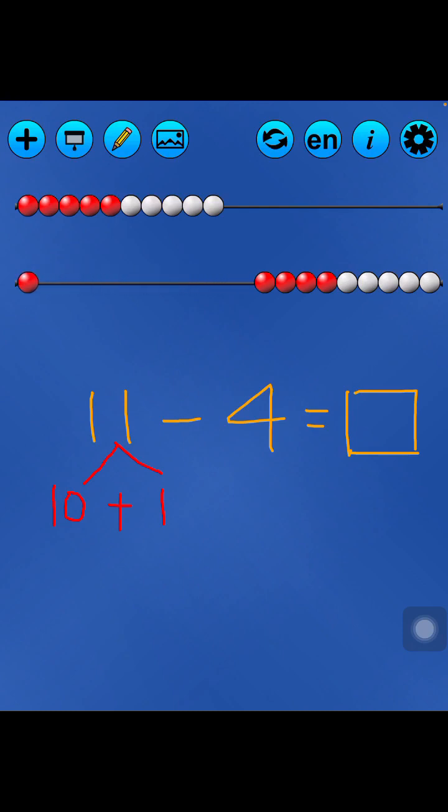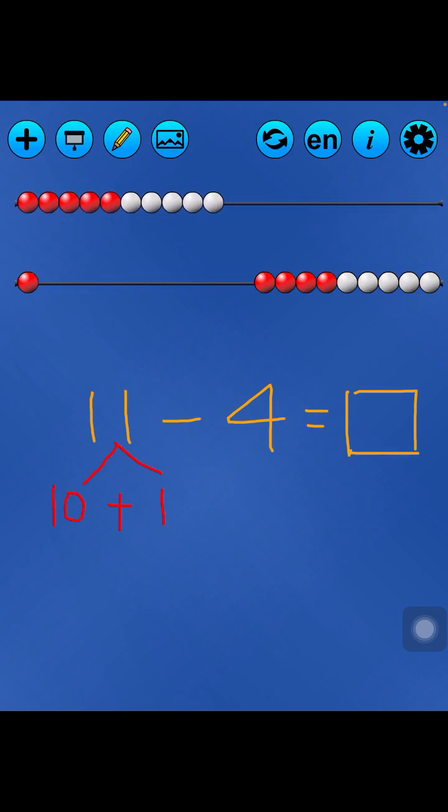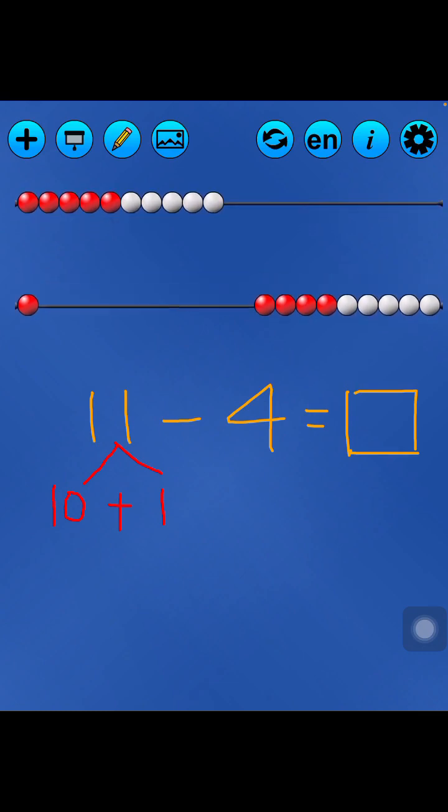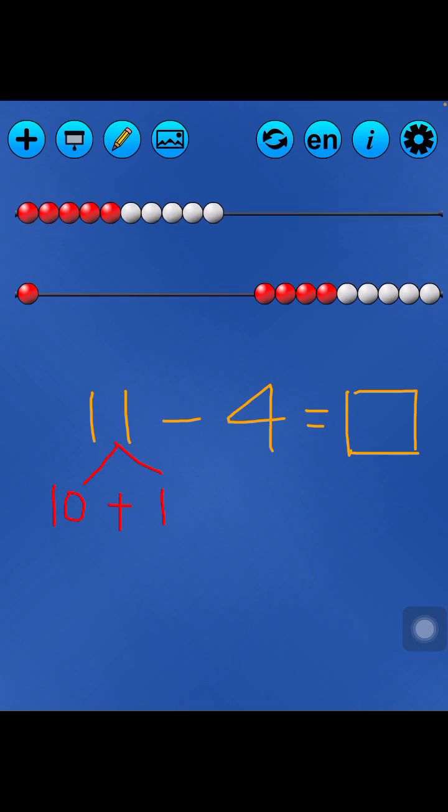And now there are 11 bits on the left hand side. And then we need to take away 4 bits. So again, do we take away 4 bits from the first row or second row? Yes, we take it from the first row.